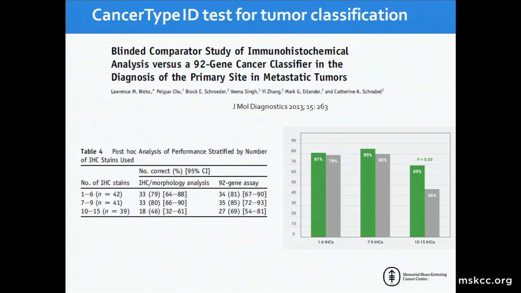But in cases where the surgical pathologist used a lot of stains to arrive at the diagnosis, shown here, then the molecular test seemed to perform a little better compared to the immunohistochemistry.